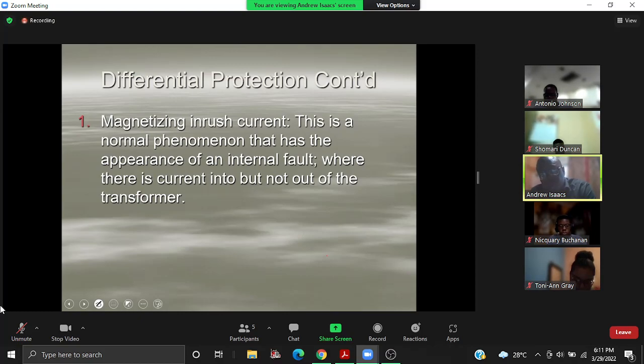As I said before, if you have a transformer that is de-energized, once you re-energize the transformer, there's going to be a certain current coming in the input, but there won't be a commensurate output current.